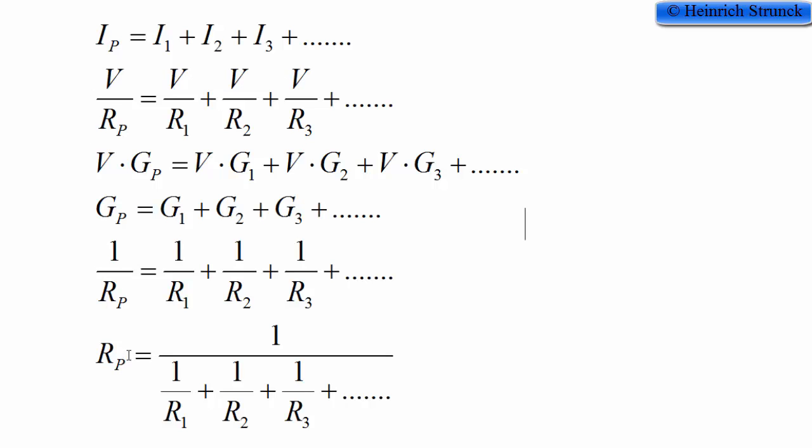If we want to calculate the total resistance for the parallel circuit, we just can take the reciprocal of the value up here. So we just can take the reciprocal of these 3 resistors in reciprocal added together. So it gives us 1 divided by the sum of the reciprocal of all the resistors.